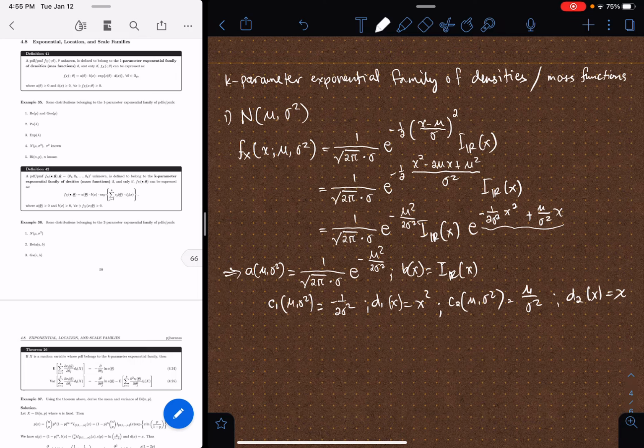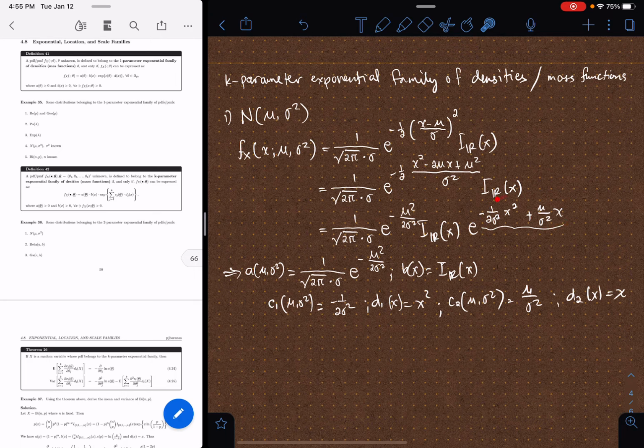Or pwedeng ito naman dito, sila yung mga nakasubscript ng 1, ito naman sila yung nakasubscript ng 2. So, okay lang yun. Therefore, the n mu sigma squared belongs to the 2-parameter exponential family of densities. So, kung titingnan niyo, since dalawa lang yung parameters, dapat dalawa din yung ano dito, yung sa sum natin dito.